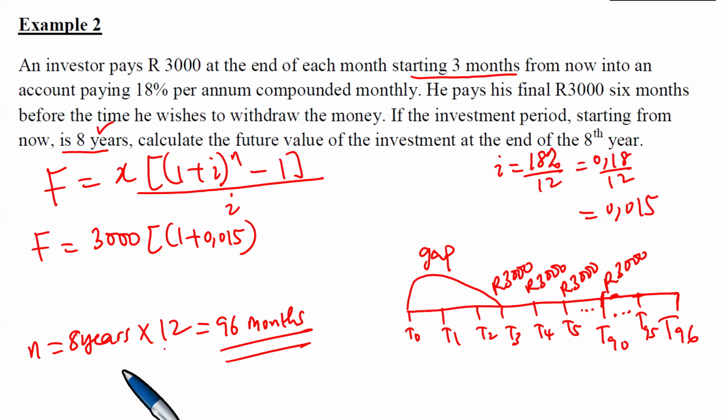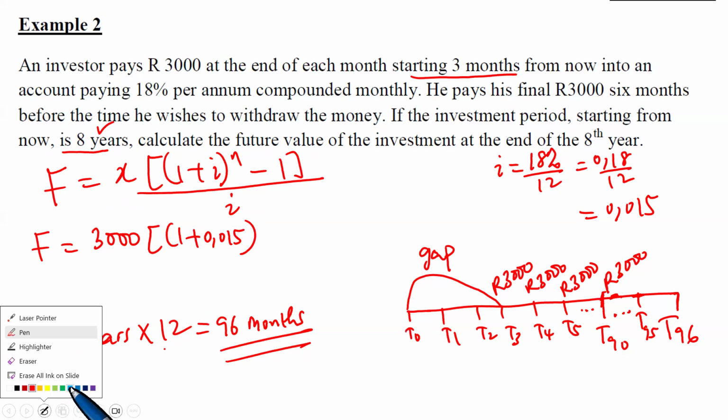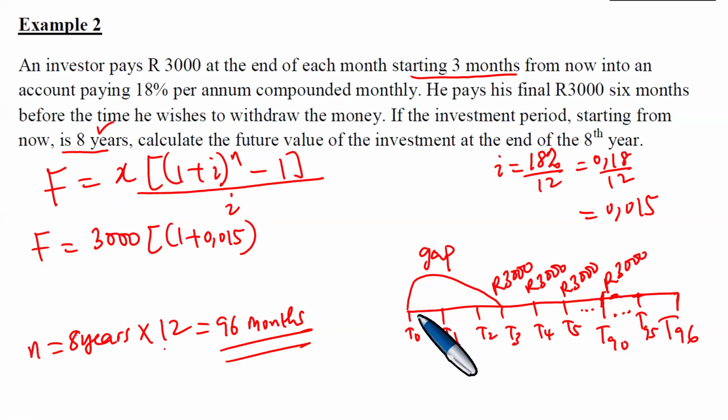Now, look, this is easy. But now, because of the gap, we shall do 1, 2. And then we note that there's a gap of exactly 3 months.